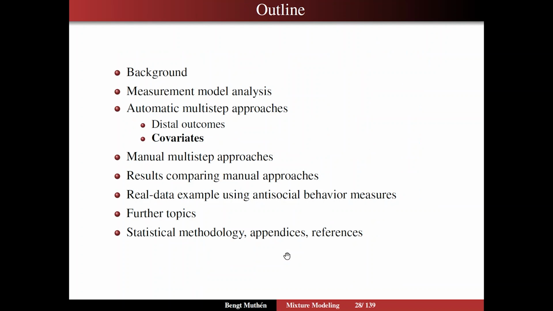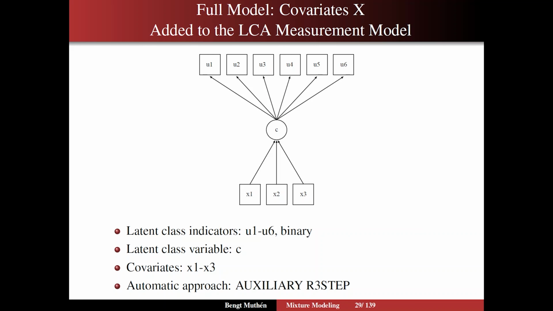Turning then to covariates on slide 28 for the automatic approach. Slide 29 gives the model. We're going to work with 3 X variables and illustrate auxiliary or 3-step.